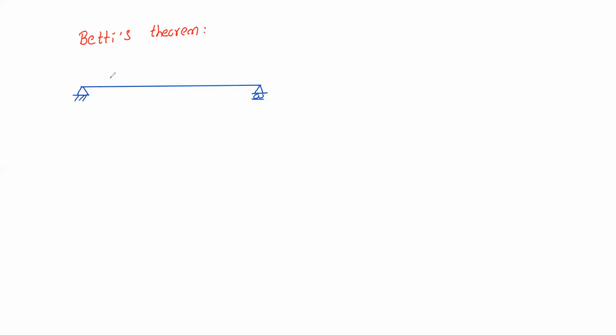In system 1, suppose you have 2 loads like this, P and Q loads, okay, and the displacements at different locations we are finding here like this.